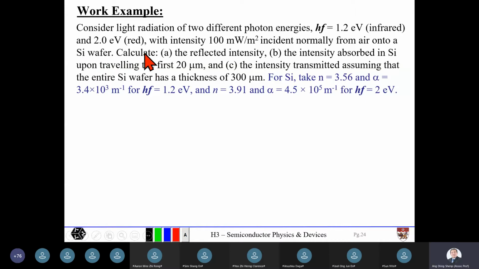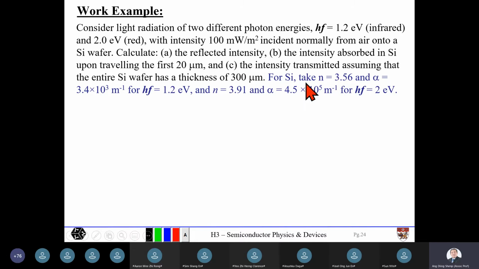I ask you to calculate the reflected intensity, in other words, the amount of light that bounces back, the intensity absorbed in silicon upon traveling the first 20 micrometer, and the intensity transmitted after traveling through the entire silicon wafer of thickness 300 micrometer.